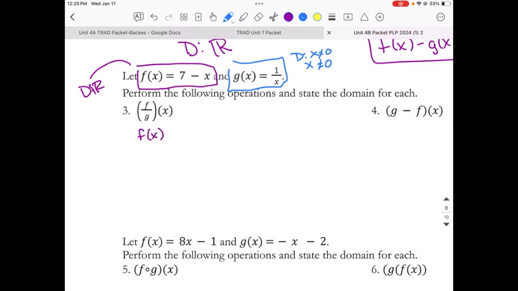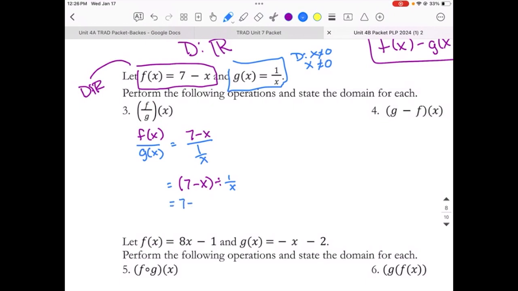So when we have f of x over g of x, remember you're going to put the f of x function on top, which is 7 minus x, and it is divided by 1 over x. Okay, and we looked in the notes and in class at how to change it. That's where our keep, change, flip came in.